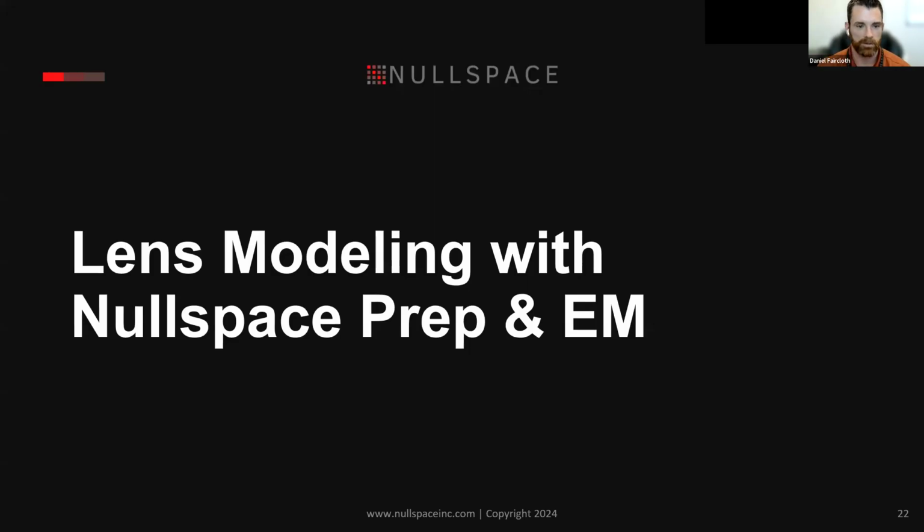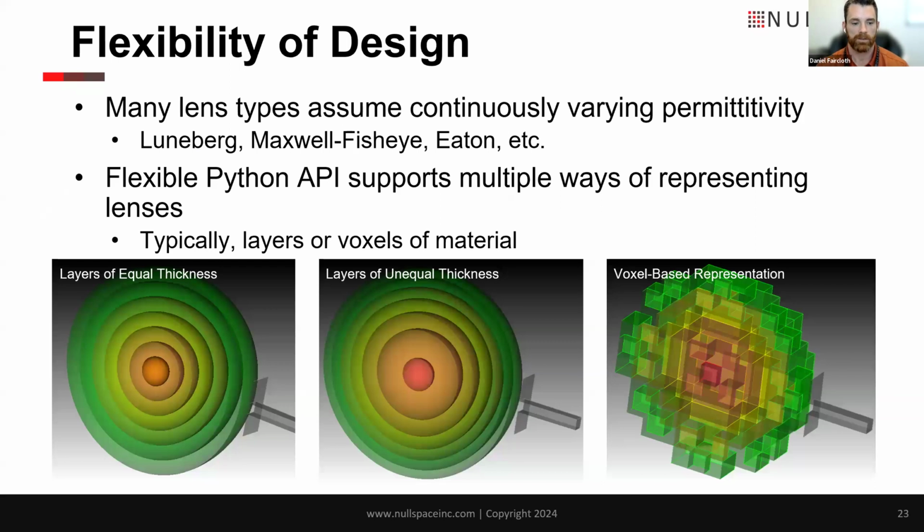All right, so with that overview, let's look at how we address lens modeling with Nullspace Prep and EM. So there are a lot of different types of lenses. As Phil talked about, we were looking at some Luneberg lenses. There are other similarly analytically specifiable lenses like a Maxwell fisheye lens or an Eaton lens.